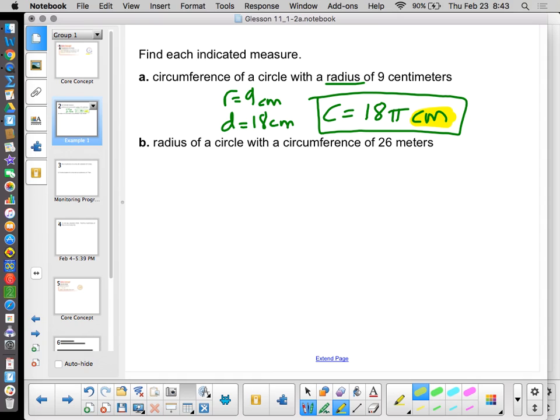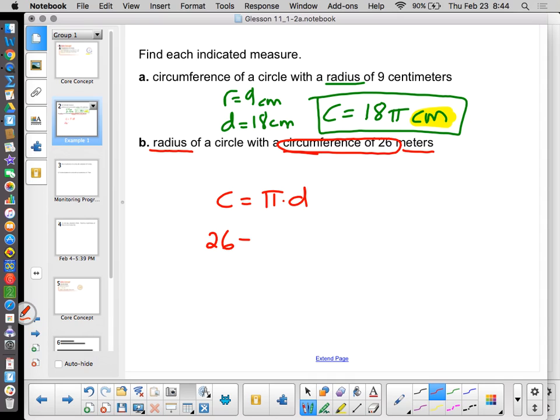To contrast that, sometimes we'll look at something like this. This is a backwards problem. We're looking for the radius given the circumference is 26 meters, meters being our context. So circumference equals pi times diameter. Now here, because we're given the circumference as a whole number, and we need to solve for the diameter, I have to divide by pi.